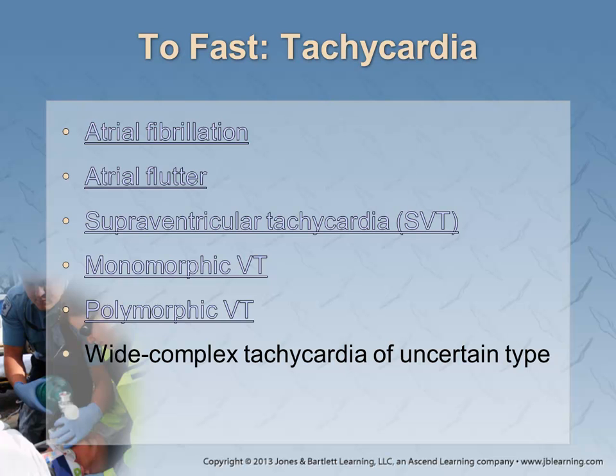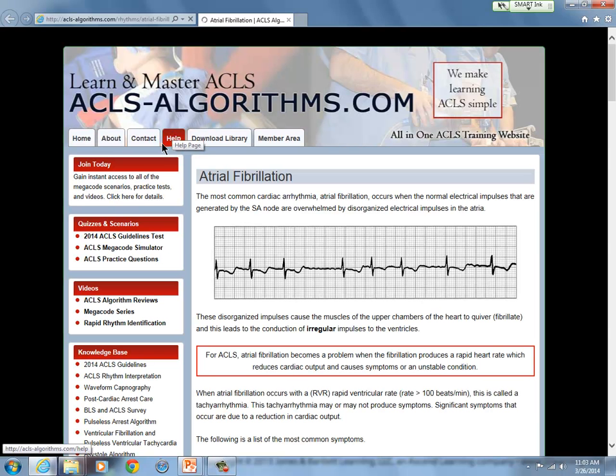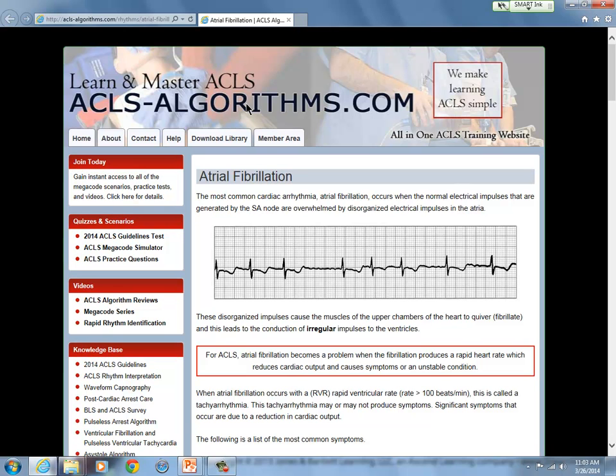So the ones that fall under that is going to be your atrial fibrillation, all right. Now we're looking at more of fast rate AFib RVR, all right, and on those it may be hard to determine if it is an irregular rhythm, all right.